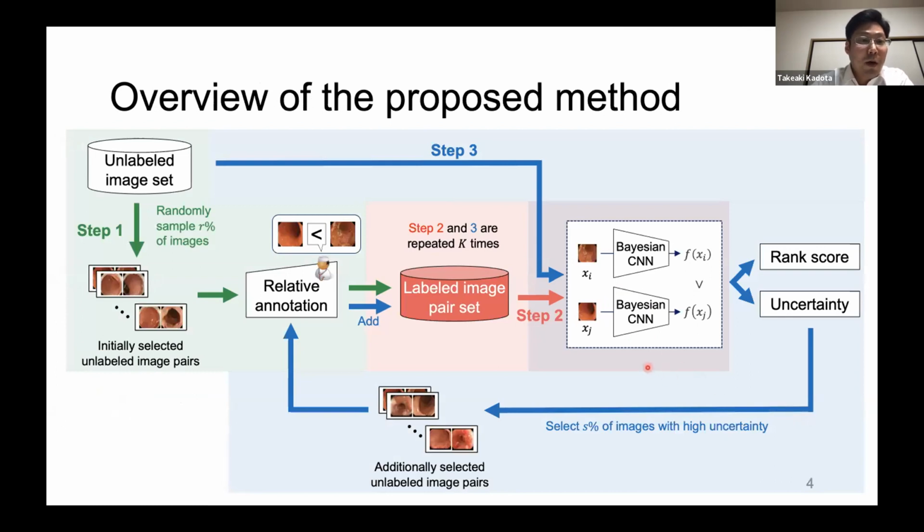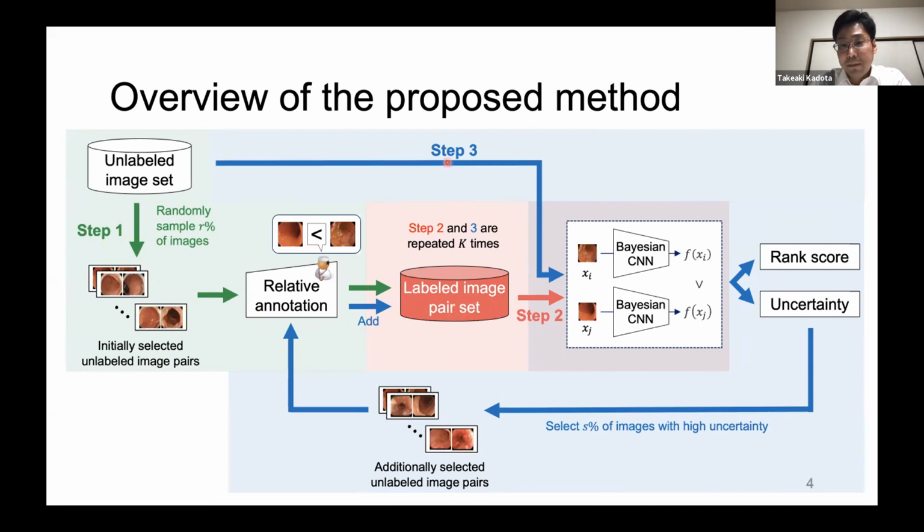This is an overview of the proposed method. The deep Bayesian active learning to rank consists of 3 steps. In step 1, we create an initial training dataset. In step 2, a Bayesian CNN is trained with labeled image pairs.